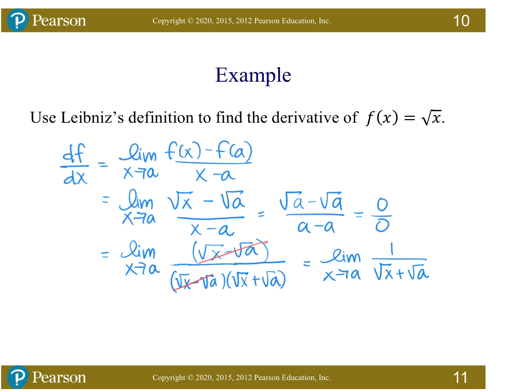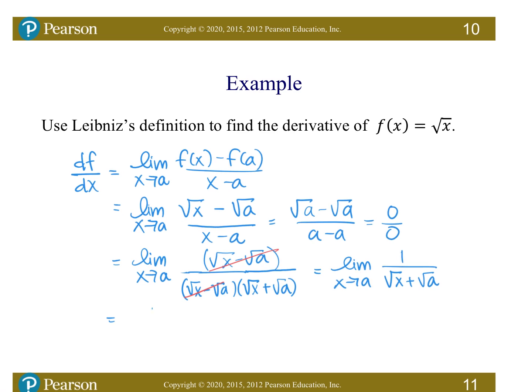So then we substitute. And once you substitute, you don't need the limit anymore. So this will be rad a plus rad a, which is 1 over 2 rad a. And that is called the derivative of the square root function at any point a that you would choose.